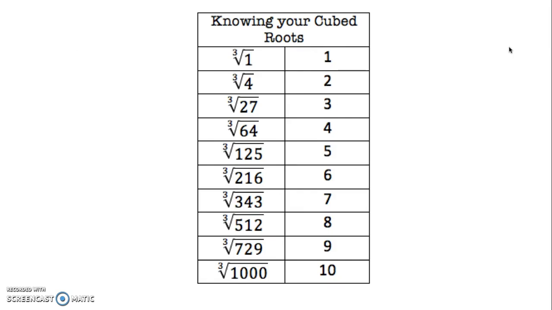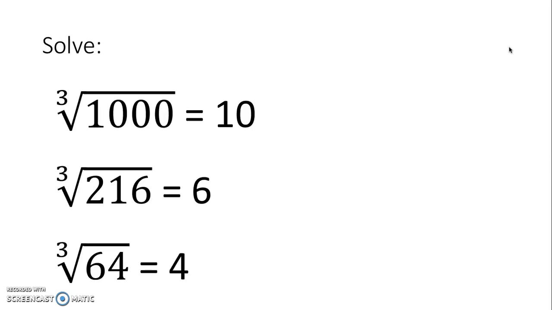You don't need to write this down because I'm going to have something to glue into your notebooks when we come into class tomorrow, or maybe later today, whenever you're watching the video. When we solve these, we can use that cheat sheet, but eventually we'll know them. The cube root of 1,000 is equal to 10. The cube root of 216 is equal to 6. And the cube root of 64 is equal to 4. Those are just common facts that we need to memorize.